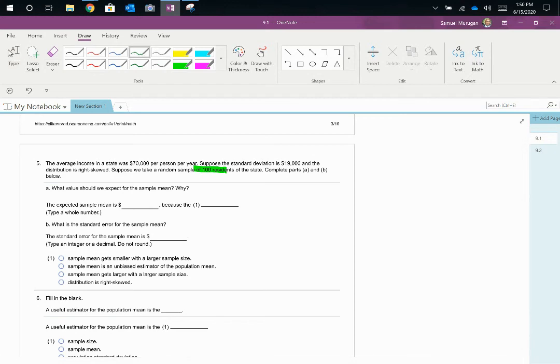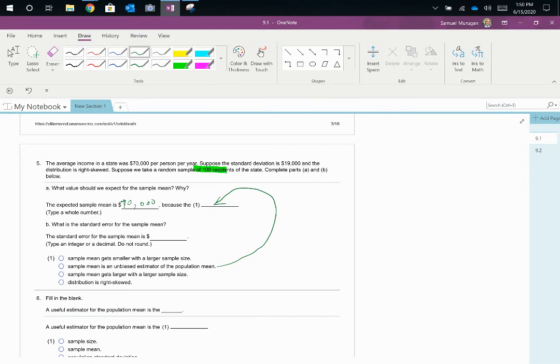Because the sample should be representative, if it is unbiased, then the sample mean should still be 70,000, the same as the population mean. That is because the sample mean is an unbiased estimator of the population mean.